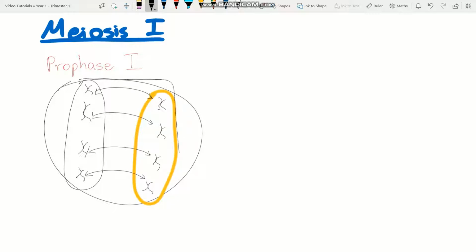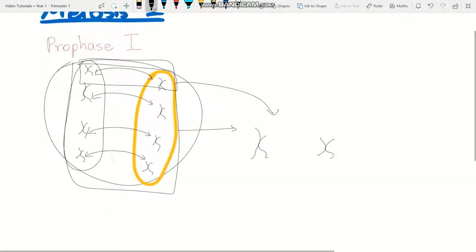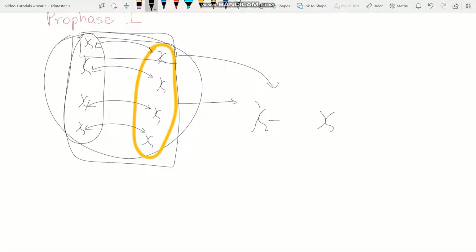So let's zoom into this part of prophase. Taking, say for example, these 2 chromosomes, first off, they will start at other sides of the cell, and eventually they will come together and form what is called a tetrad.